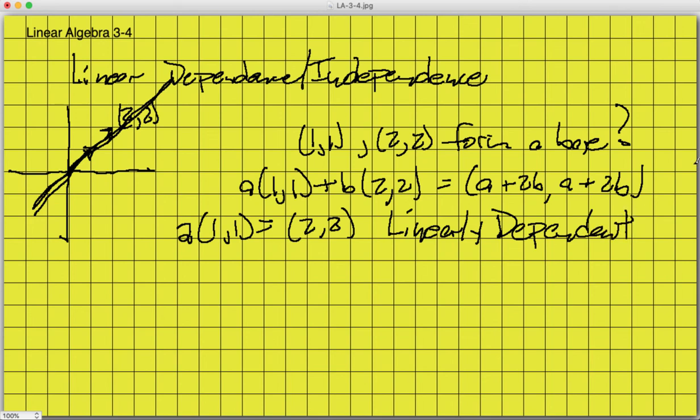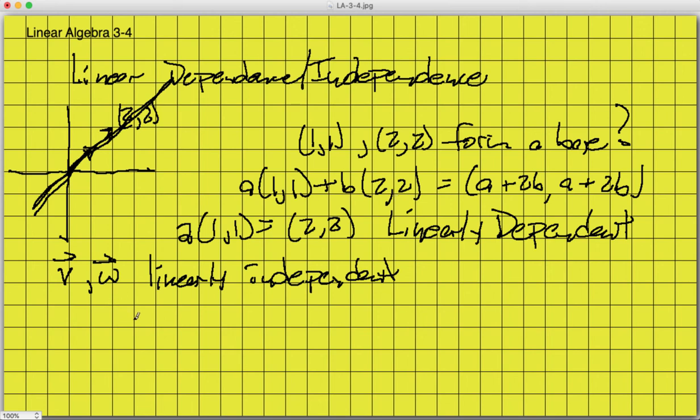Okay? Well, what would it mean for them to be linearly independent? Suppose I have a vector v and I have a vector w, and they're linearly independent. There are a couple of ways that you could define this.